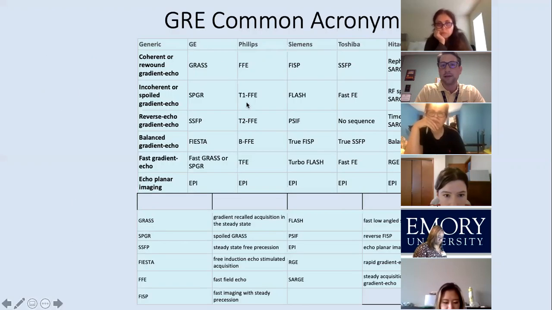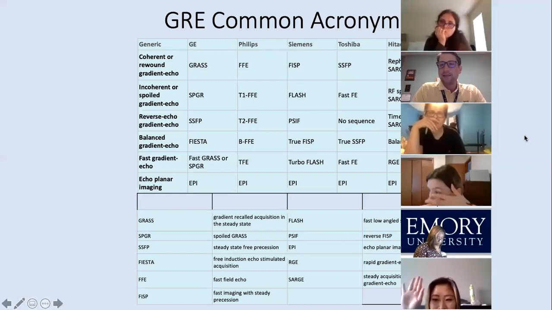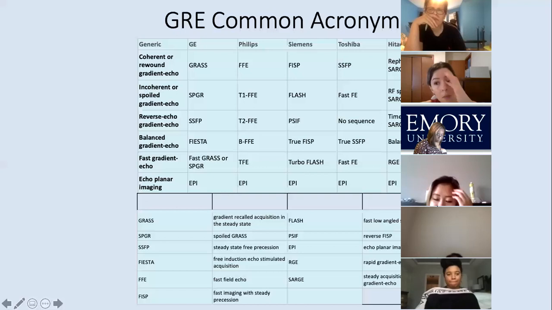Because you've probably seen FISP and FAT and FLASH and True FISP. Has anybody seen that type of stuff? If you've worked on abdomens, you probably have. Sometimes they rename them, so it can be a little confusing. Like the particular site might just name it a T2 gradient echo or something like that. So it depends on the site.